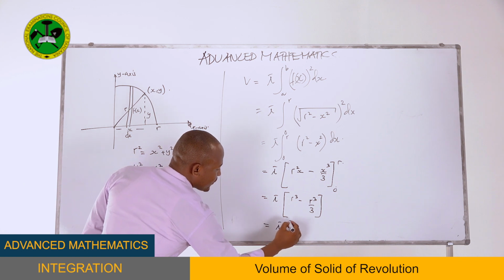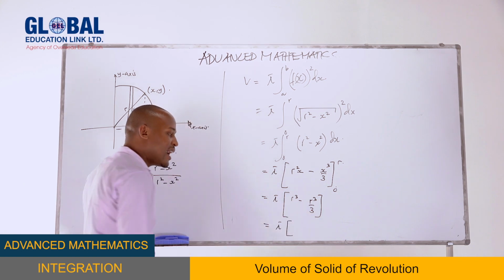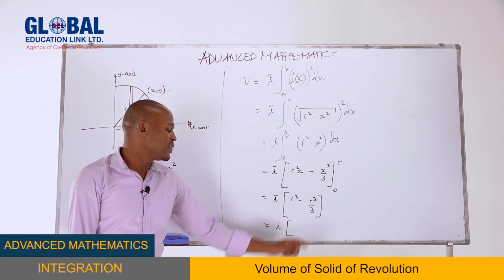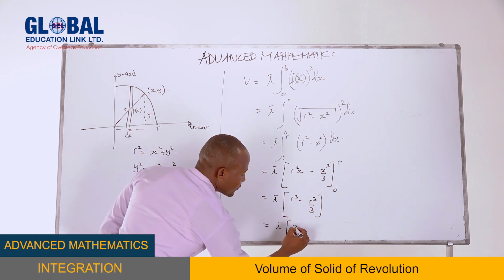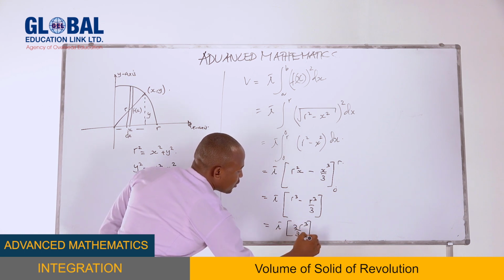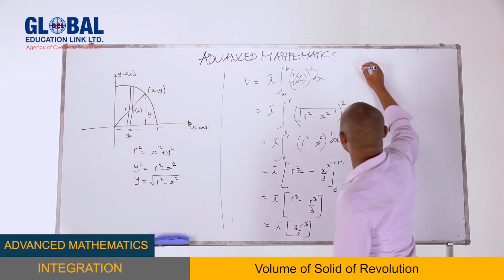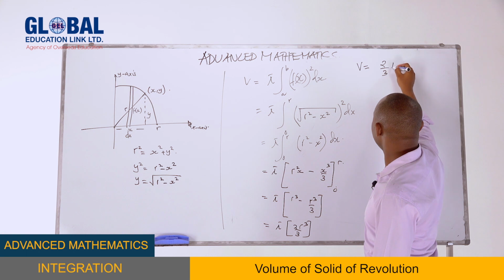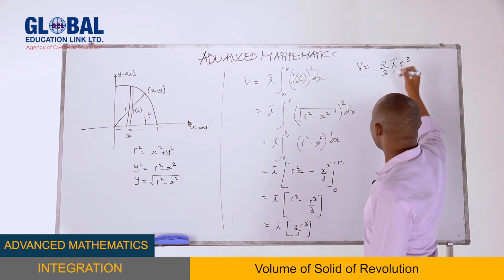It will be pi. If you subtract that, it will be 2r cubed over 3. That is to say, the volume now will be 2 over 3 pi r cubed.